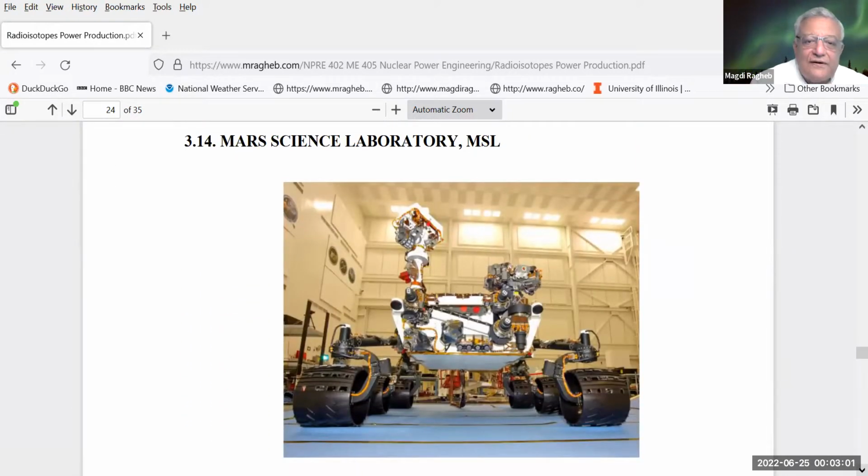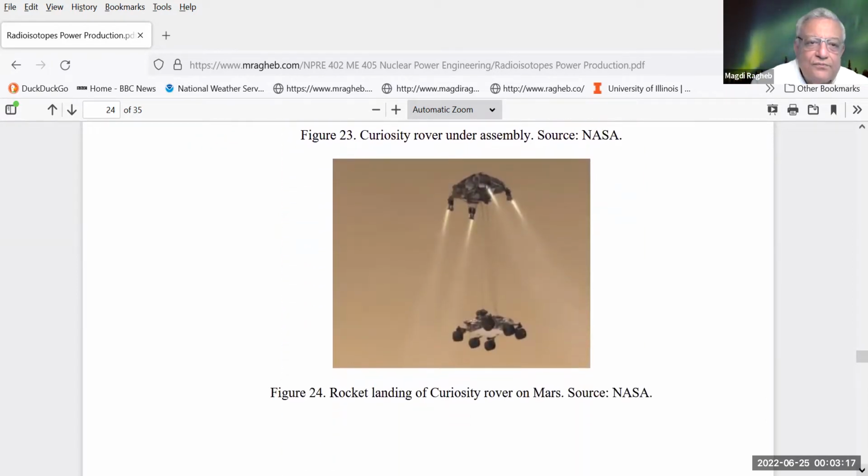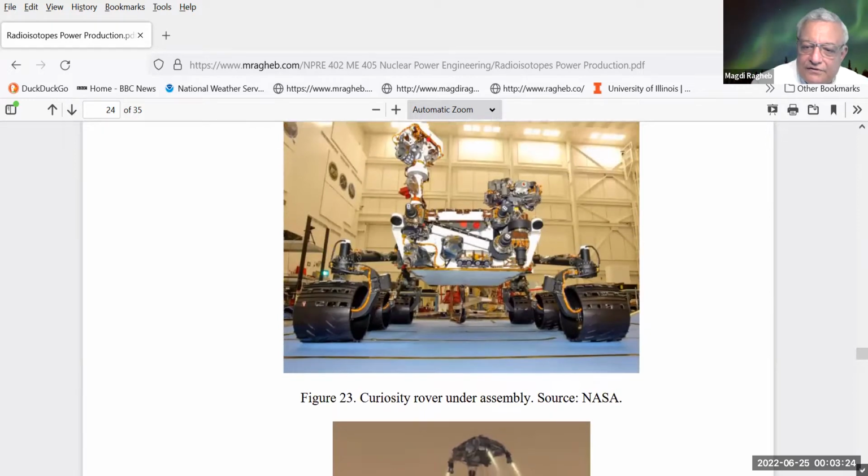The latest situation on Mars right now is a probe called the Mars Science Laboratory, MSL. This is a replica of it, and there is no photovoltaics used right now. It needs a large amount of power, so it's purely a radioactive isotope being used. This is named Curiosity Rover, and it is not pie in the sky.